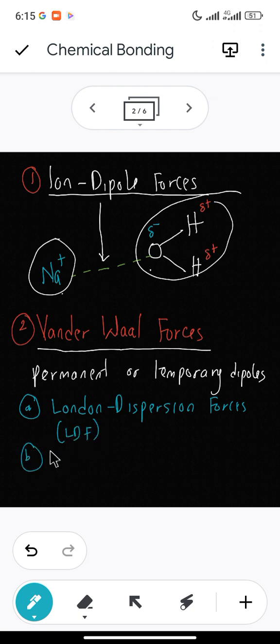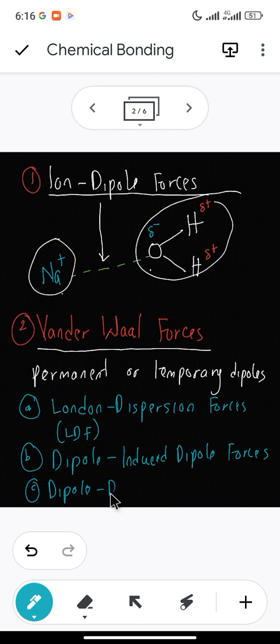The second subcategory is the dipole-induced dipole forces. The third is the dipole-dipole forces. So these are basically the three subcategories of the van der Waals forces. Now let's look at each of them individually.